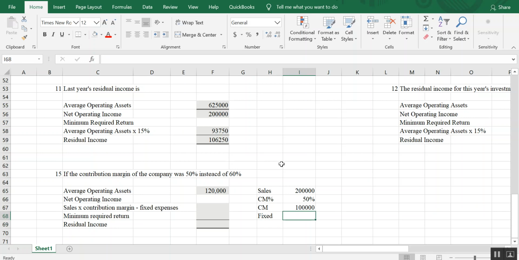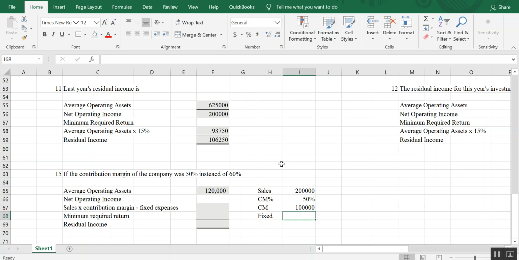Okay, and in this case, our fixed cost, oh, wait a minute, we don't want to compare that. I'm sorry. I'm not going to do the whole calculation. Well, we do need to, yes, we do. Okay, I'm sorry. So the fixed cost will be 90,000. We do need to do the whole thing.